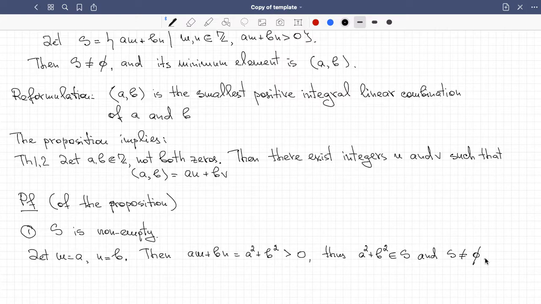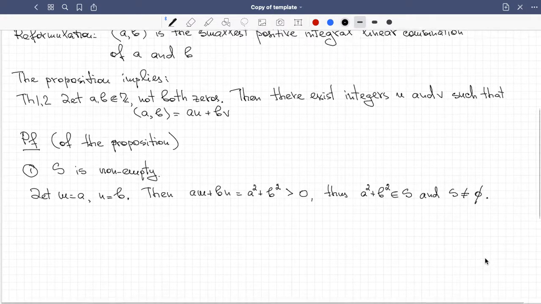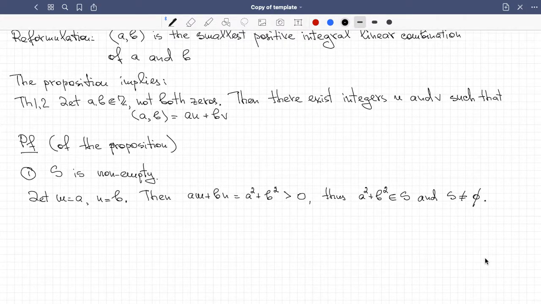Secondly, we want to prove that the smallest element of this set is indeed the greatest common divisor.